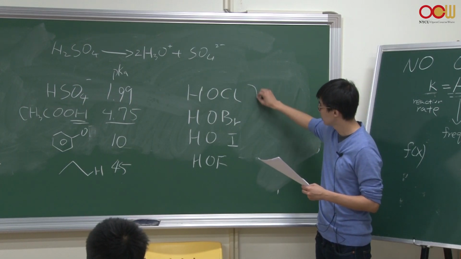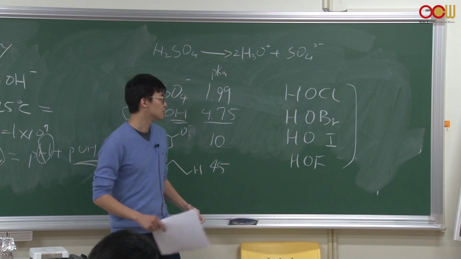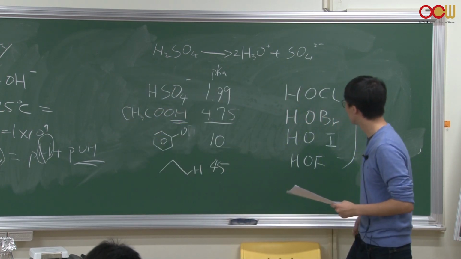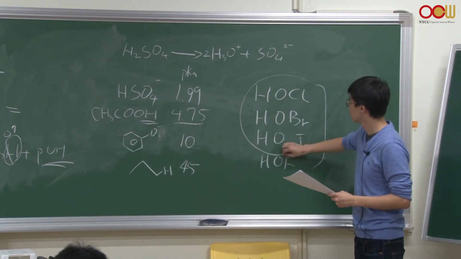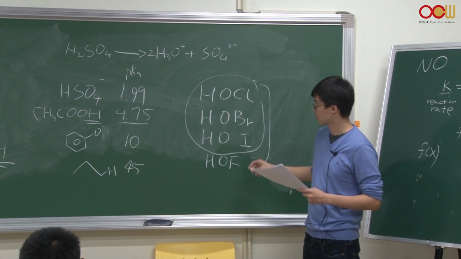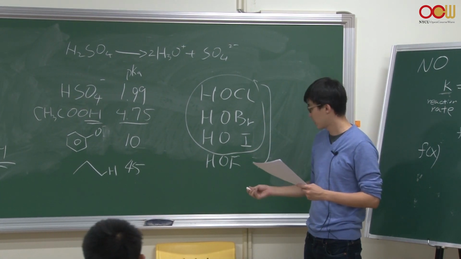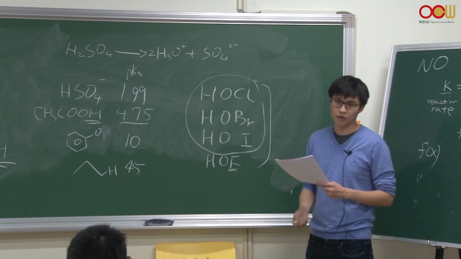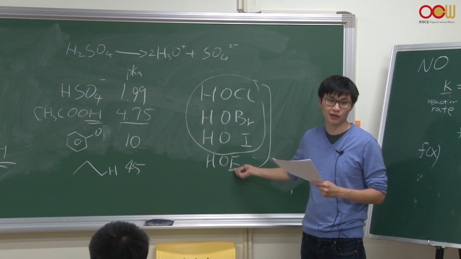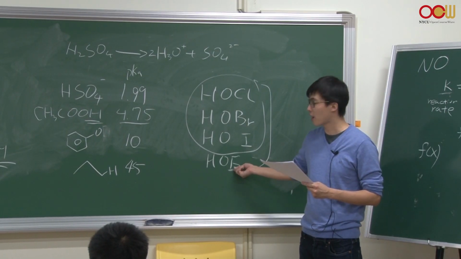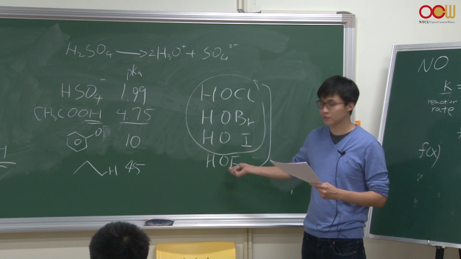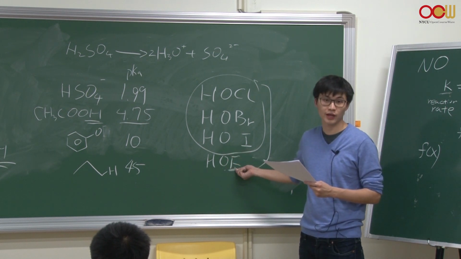Which one is the strongest acid? So actually, when we talk about these, we care about the electronegativity. Whenever you see the fluorine ion, usually it has a very different property because fluorine is very electronegative, okay?